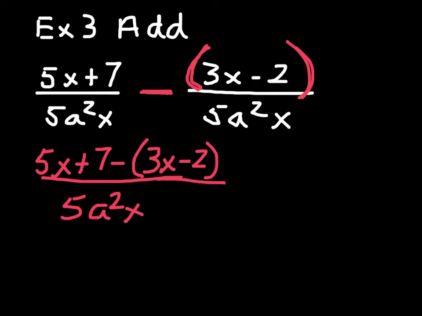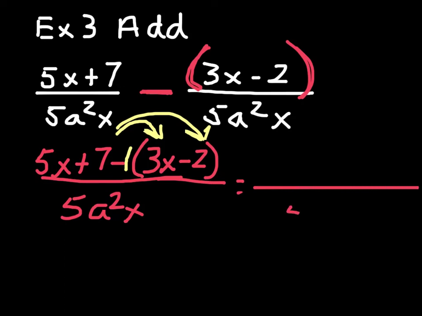Now just like I went over at the beginning, really there's a 1 there. So what are we distributing? A negative 1. All right? Now, what do I have then? So I'm going to put my division bar, and it's going to be over 5a squared x. So I have the 5x plus 7 kind of hanging out in front.